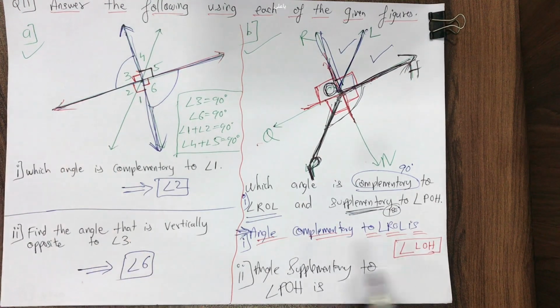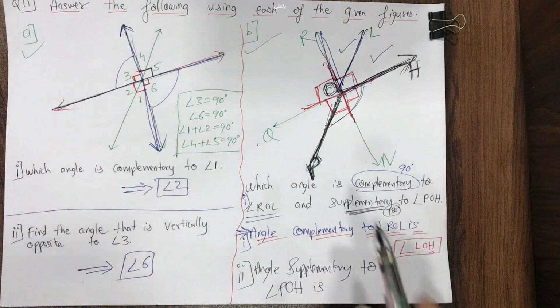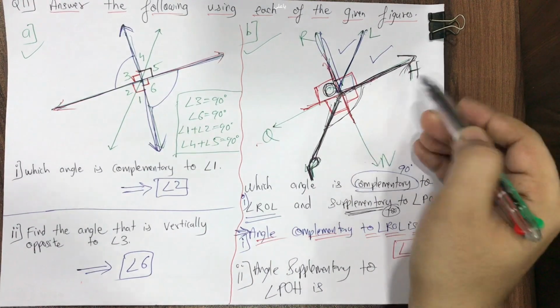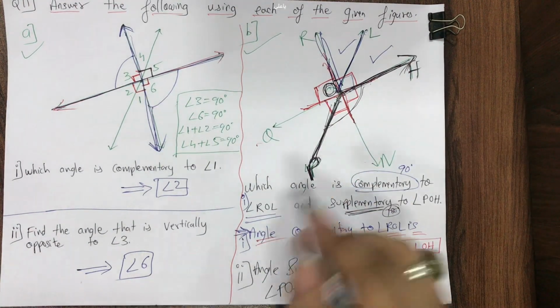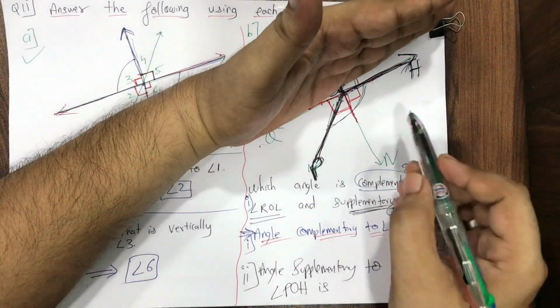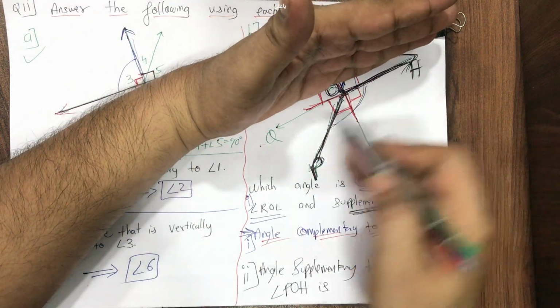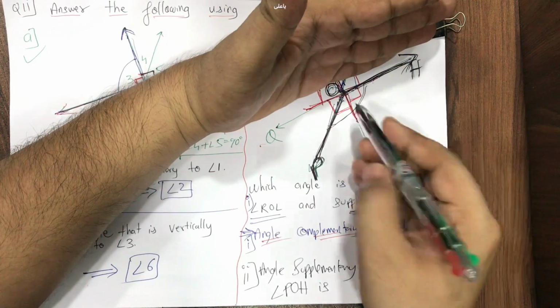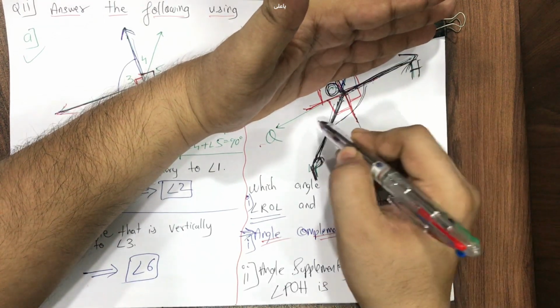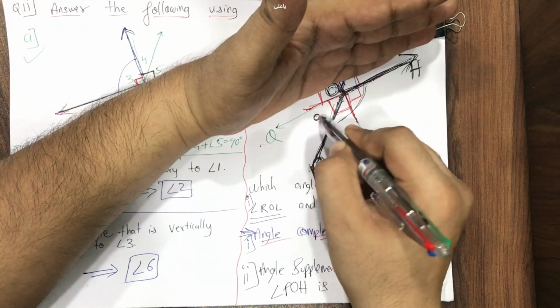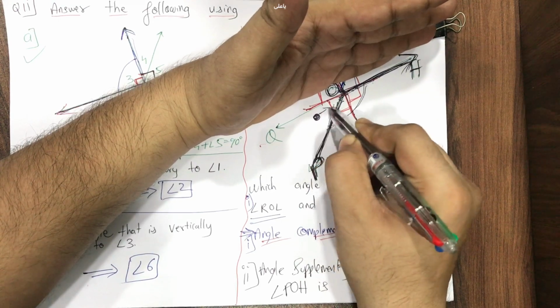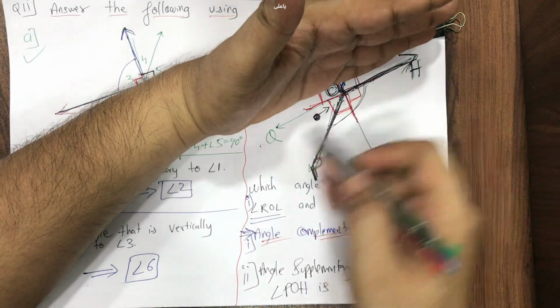Supplementary means what is the angle, which angle is it? When I add that angle with POH, the answer should be 180 degree. Of course, this is a straight line. Sum of all the angles is equal to 180 degree on a straight line. So POH, when added with this angle, then only it will be 180 degree.